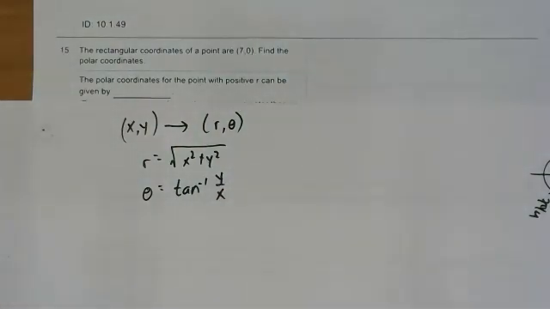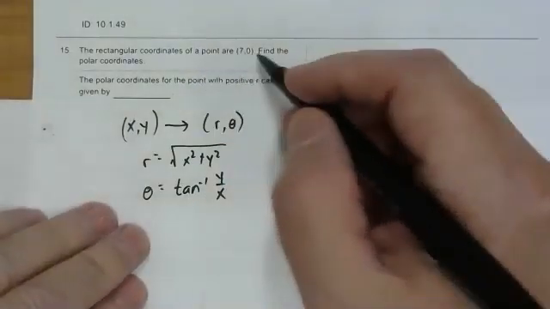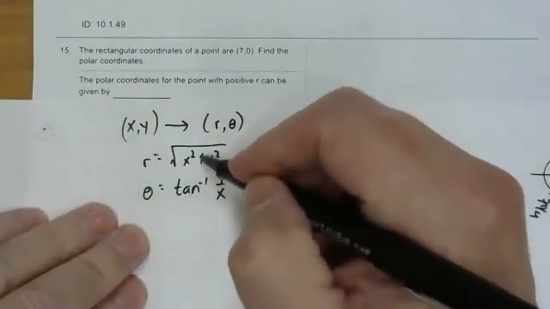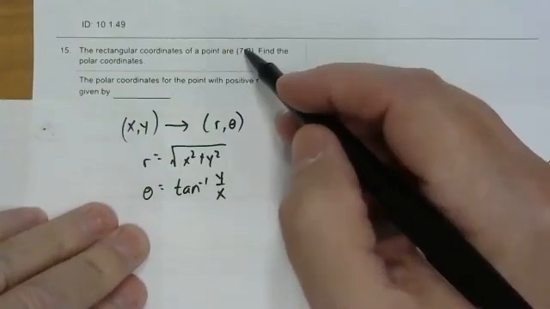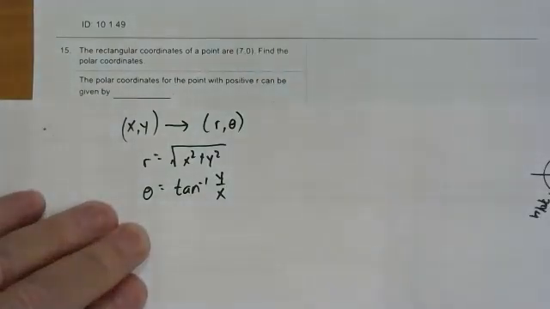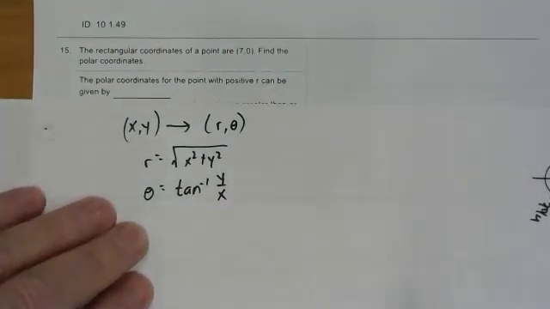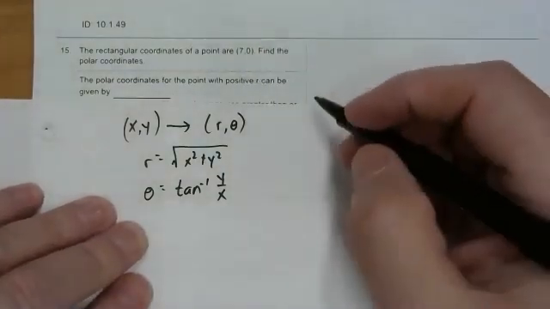Anytime you do inverse tangents, you always have to make sure your answer is actually what it should be. Sometimes you have to use a reference angle. To make this one simple, I don't actually need to use these equations. Let's just plot this point, and I think it's going to be pretty obvious what the polar coordinates are.